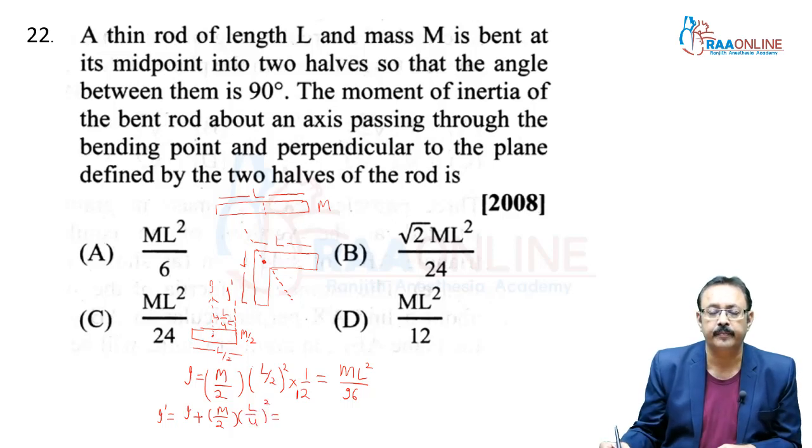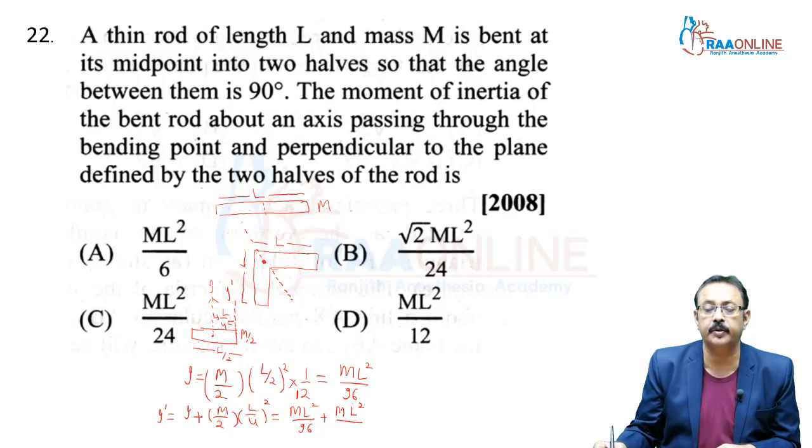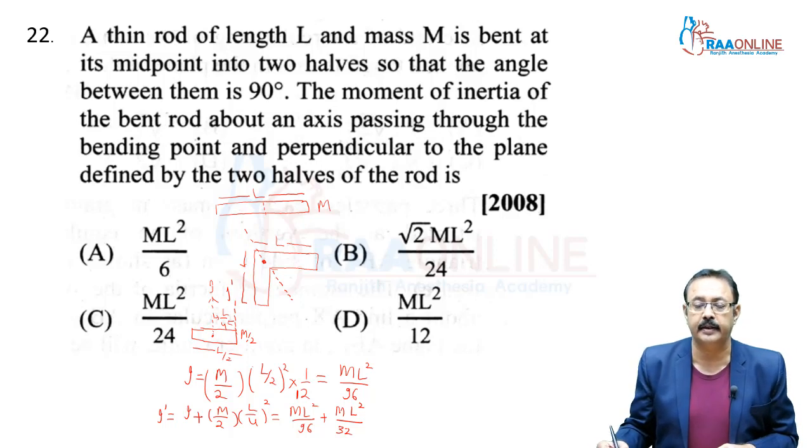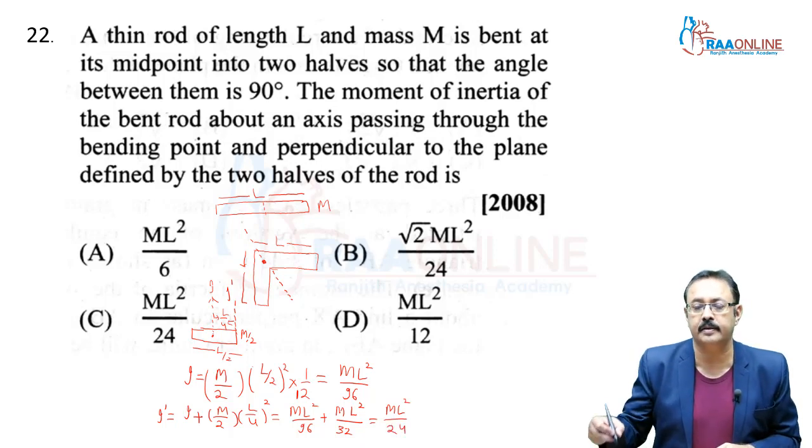So it should be ml square by 96 plus ml square by 32. You can write 3 ml square by 96. So 4 ml square by 96 means ml square by 24.